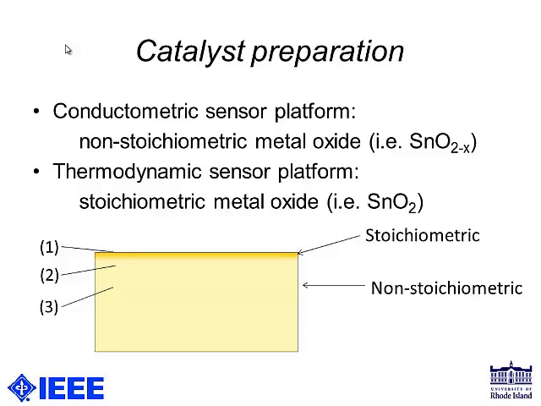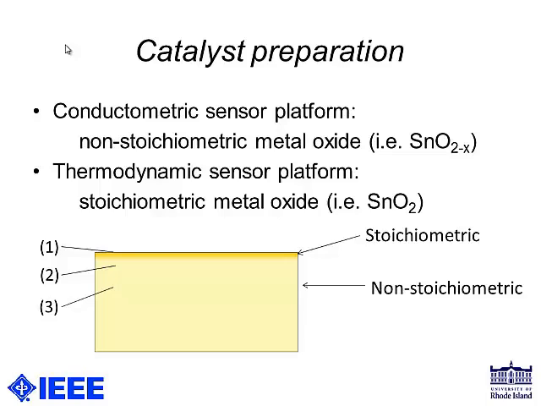By the end of the heat treatment, we introduce a very small partial pressure of oxygen for only 1 minute. This process will create a stoichiometric thin layer on the very top of the catalyst, with the main body part being non-stoichiometric. To confirm this finding, we did X-ray photoelectron spectroscopy.